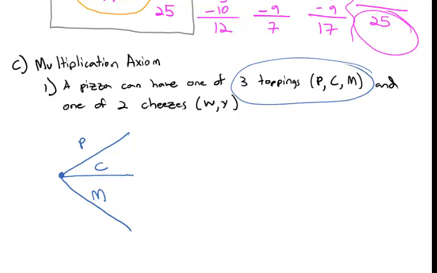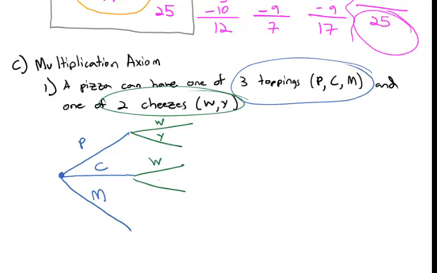And then once you've made that choice, you need to choose one of 2 cheeses. You can choose a white cheese or a yellow cheese, and that doesn't matter which type of topping you got. So on the Canadian bacon, white or yellow. On the mushroom, we could choose white or yellow cheese. Notice that gives us several different types of pizzas.